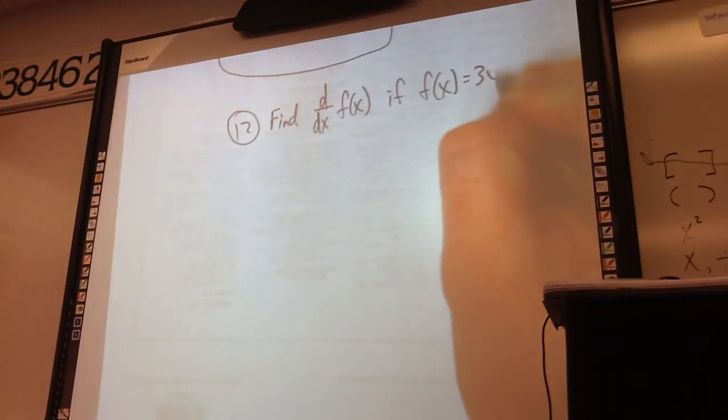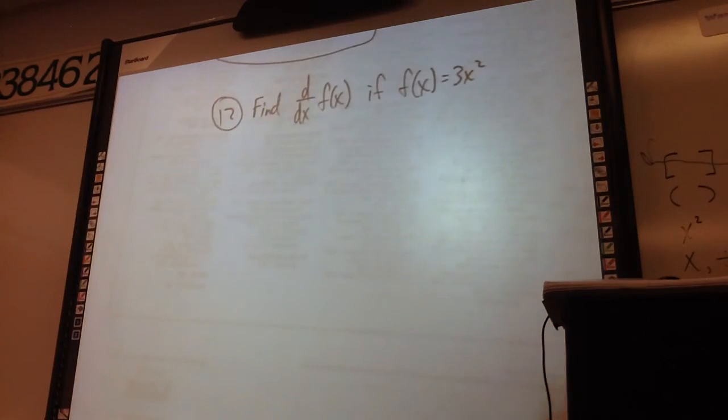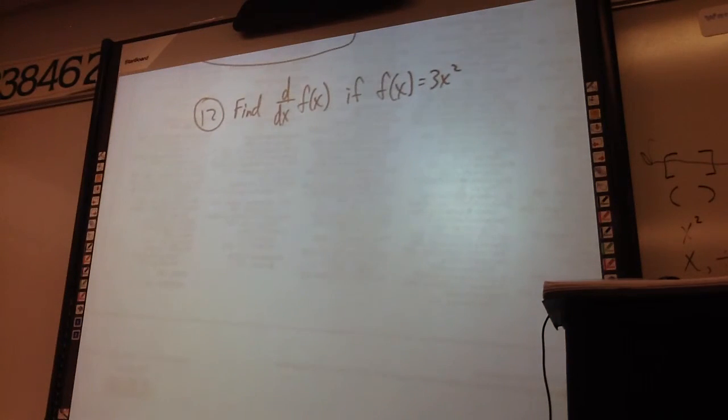Can I write that differently? Yes. Just get used to all the different ways of writing. Find the derivative of f(x).